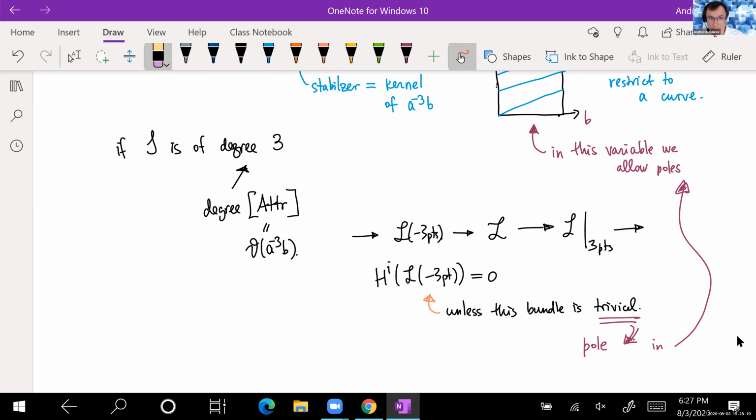In particular, I have some commuting variables, the scalar variables. In them, in principle, there are loci where that line bundle could be trivial, and then I will have a pole. Maybe we will get to examples that will be a little more clear, that those poles are there for good reason.